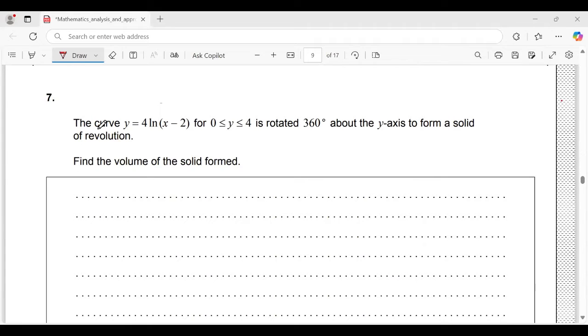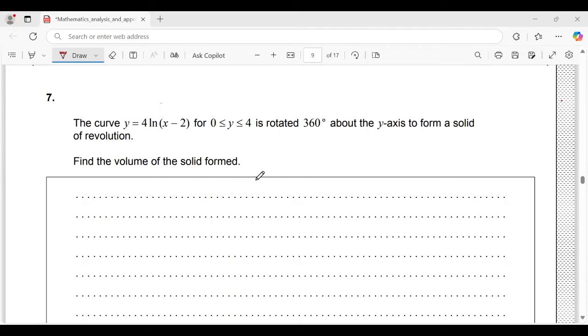Number 7, the curve y equals 4 ln x minus 2 for y interval 0 to 4 is rotated 360 degrees about the y-axis to form a solid of revolution. Y-axis, it means we have to change these equations so x becomes the subject, because rotated on y-axis.